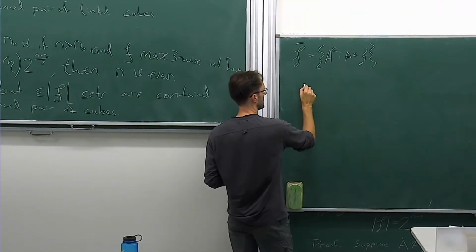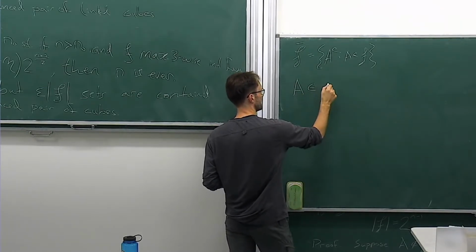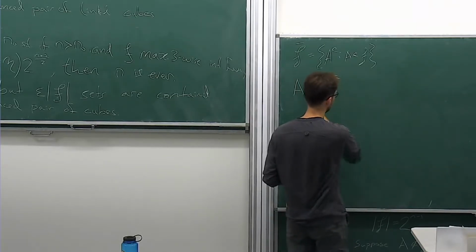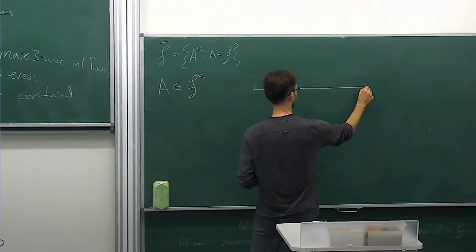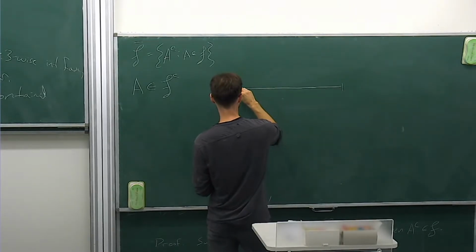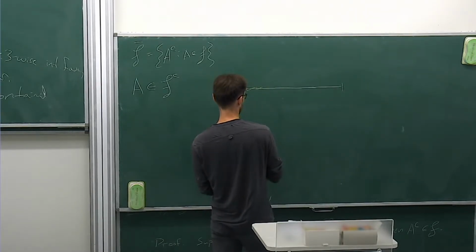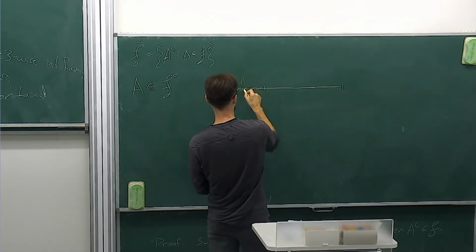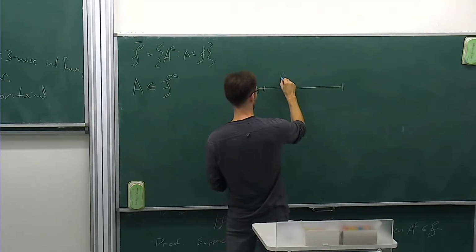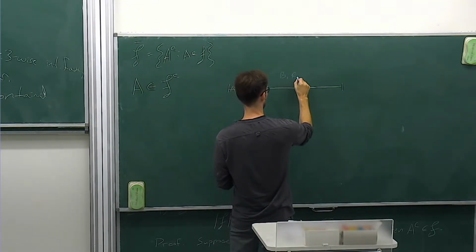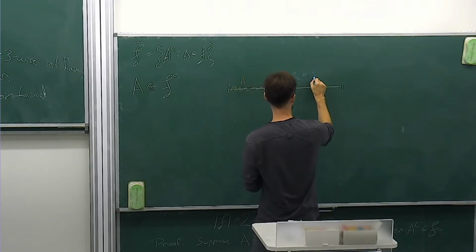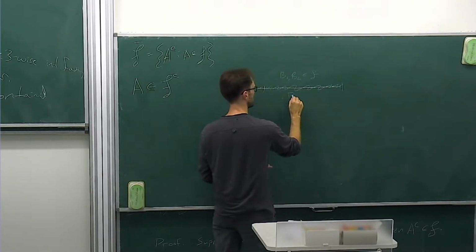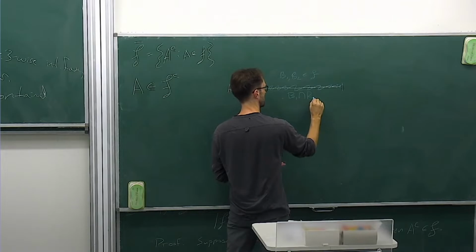So the idea is, suppose that we have A not in F, so it's in F complement. Again, F is going to be a maximal three-wise intersecting family. So as we observed before, we can find some B1 and B2 in F so that B1 intersection B2 is equal to A complement.